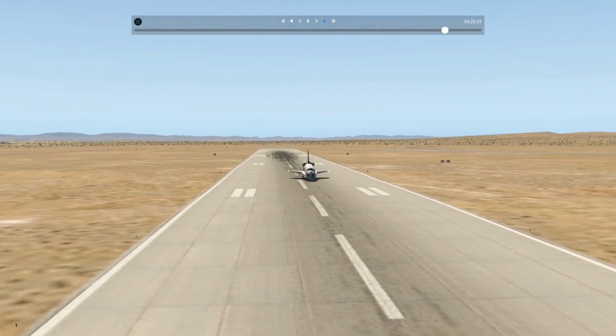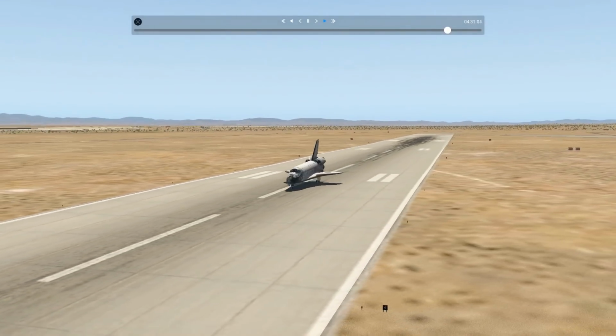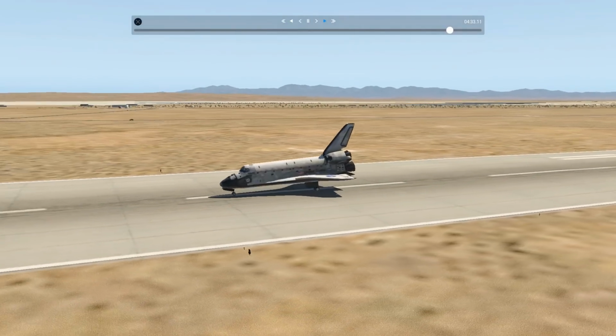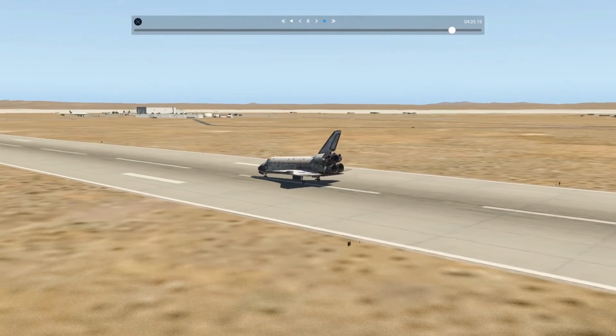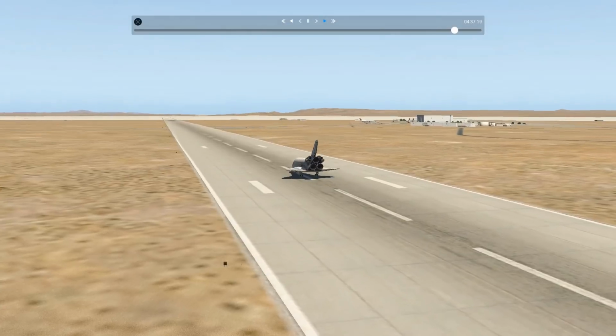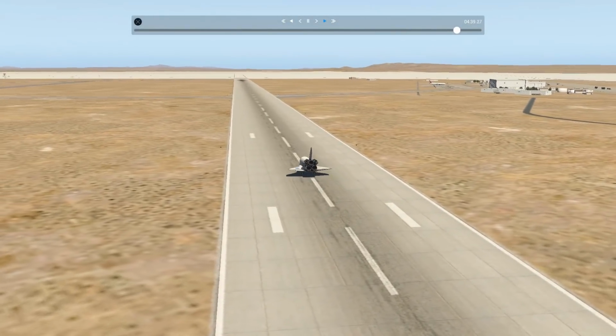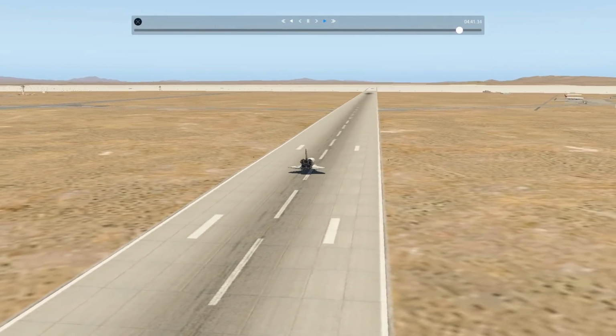As I said, when I was actually flying this, I was using the internal cockpit views. And the beauty of the replay system is that you can rewind and watch the approach from a different angle.